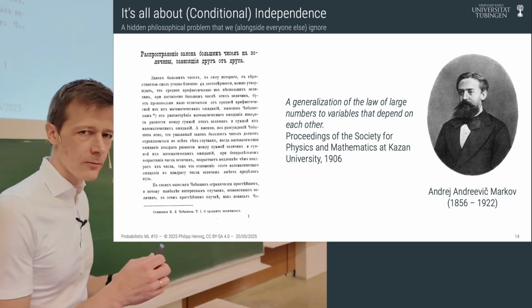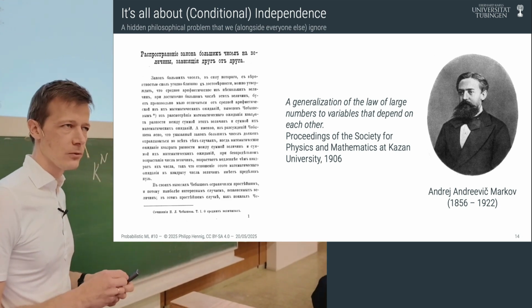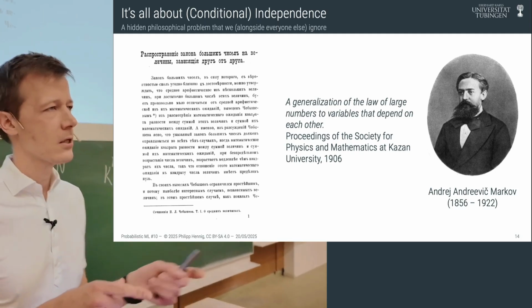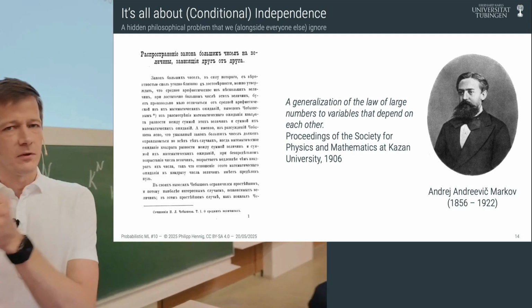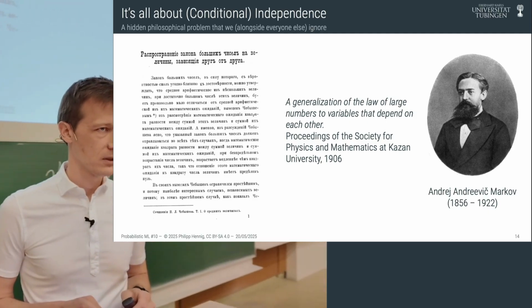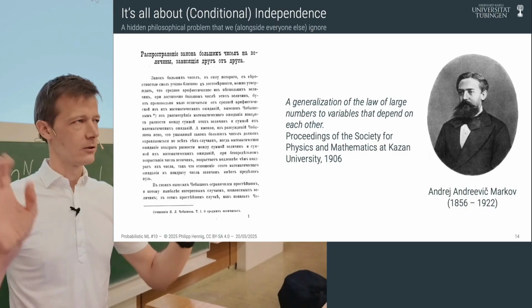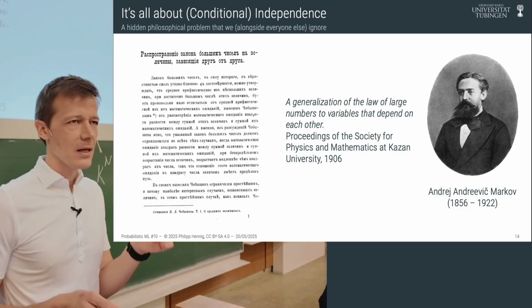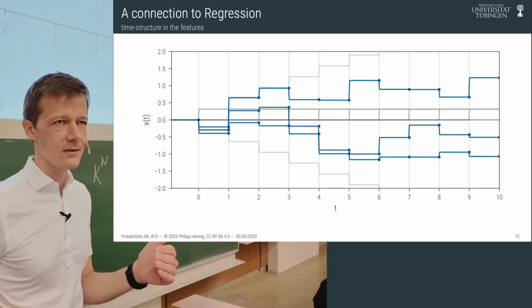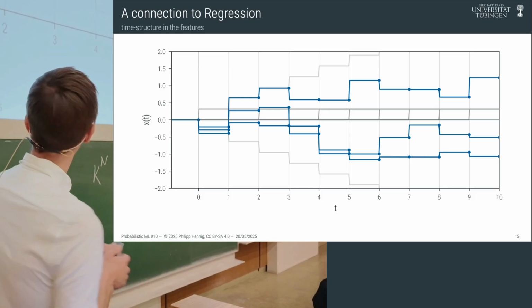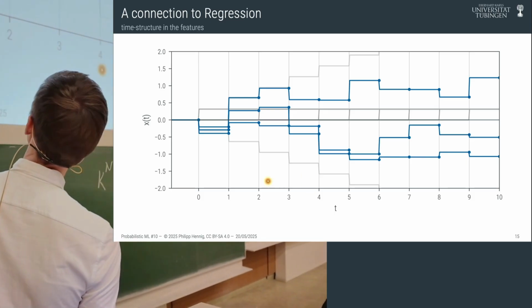So before we talk more about how such models can be utilized and how they allow us to save compute time and memory, I want to make a connection to the stuff that we've done earlier in the course so that you stay on top of things. I've shown you pictures like this during regression: one-dimensional functions that behave in some way.